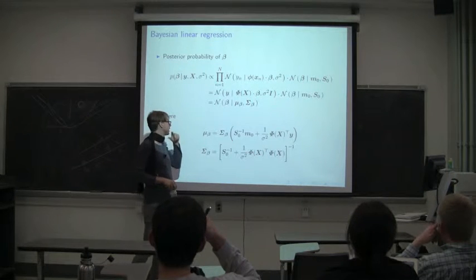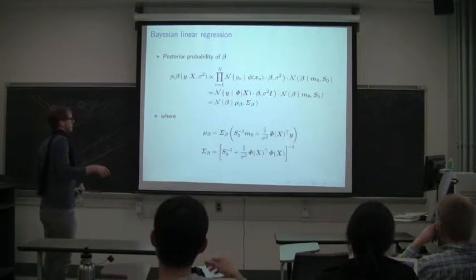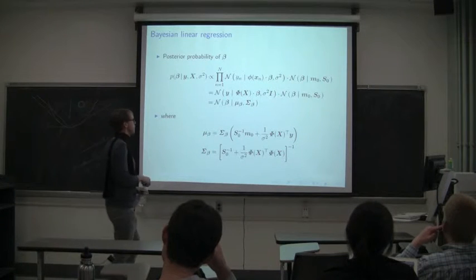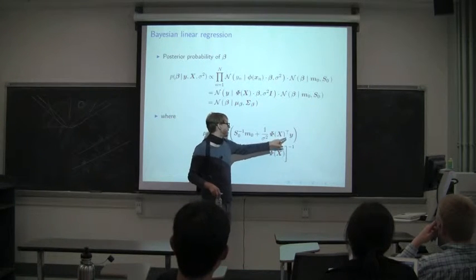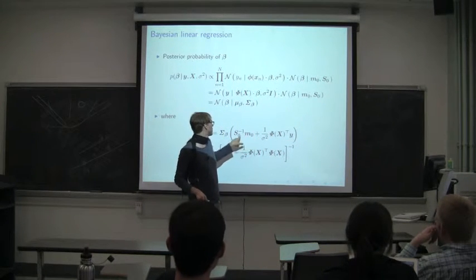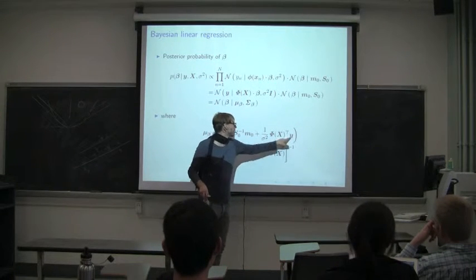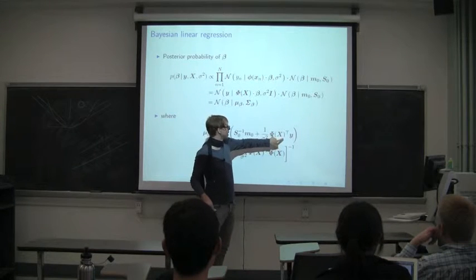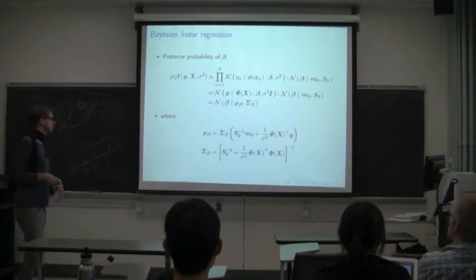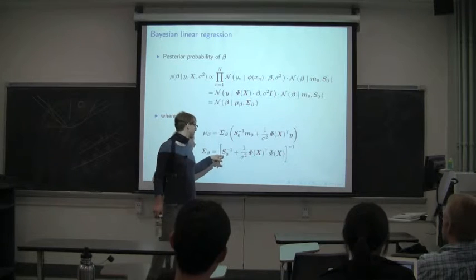The posterior mean turns out to be equal to the posterior covariance times a weighted average of the prior mean times the inverse prior covariance, and the correlation between our inputs and the y.